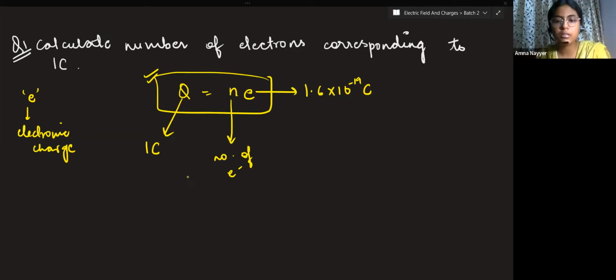Yes, Fatima Munir is also right. Yes, Krishna, now it's correct. Others also, you just have to simply divide it. You have 1 coulomb on the left hand side and 1.6 into 10 to the power minus 19 on the right hand side. You just have to divide these two quantities. Hafsa, Hiba, you also answer.